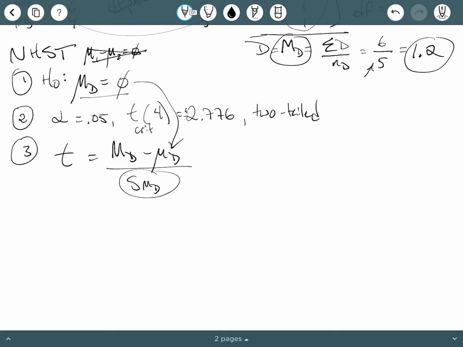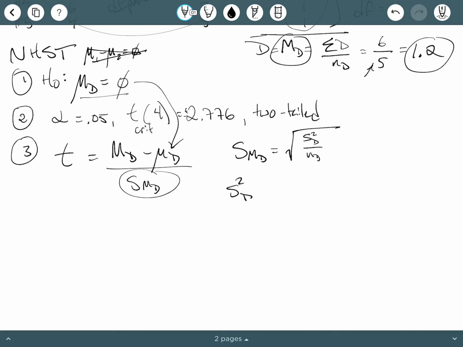Let's take a look at that denominator. What is that? Well, it's going to look really familiar because the estimated standard error of the mean difference score is the square root of the variance for the difference scores divided by the number of difference scores.